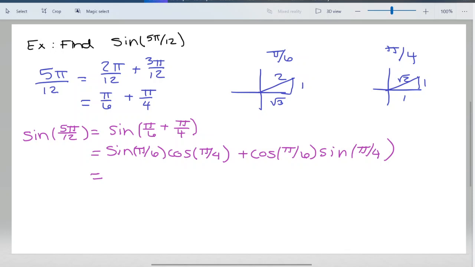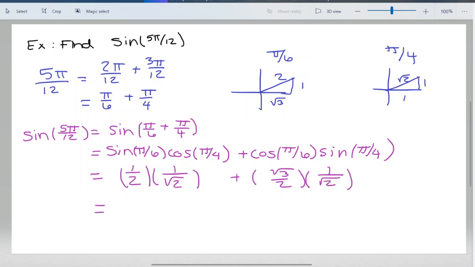Sine of pi over 6 is the opposite side 1 over the hypotenuse 2. Cosine of pi over 4 is the adjacent side 1 over the hypotenuse root 2. Cosine of pi over 6 is the adjacent side root 3 over the hypotenuse 2. And sine of pi over 4 is the opposite side 1 over the hypotenuse root 2.